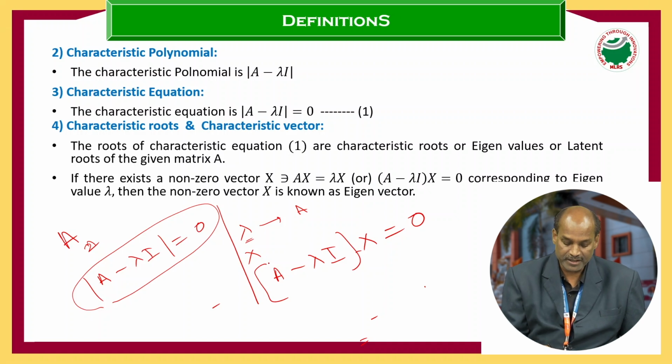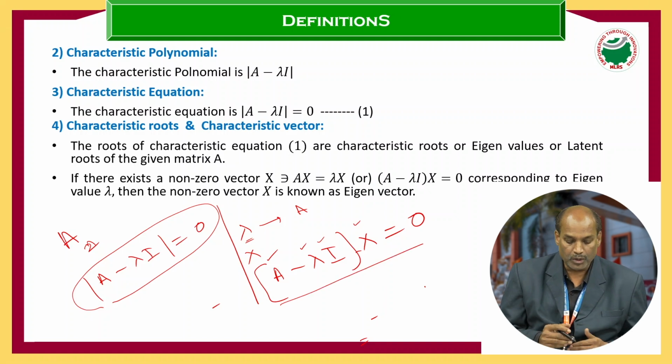Here A is the given matrix, lambda is the eigenvalue, I is the unit matrix, and X is the non-zero column vector. So this is the definition of the characteristic vector.